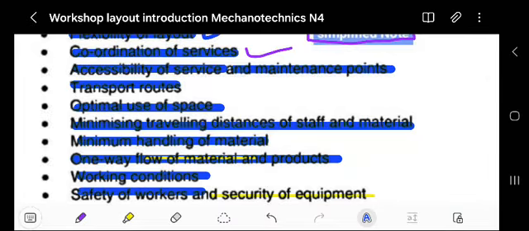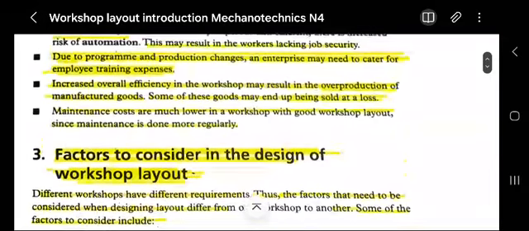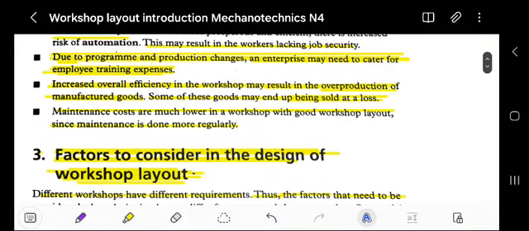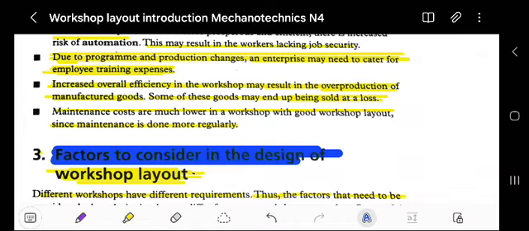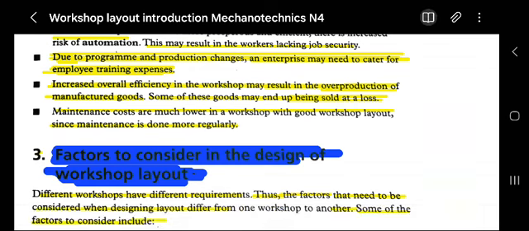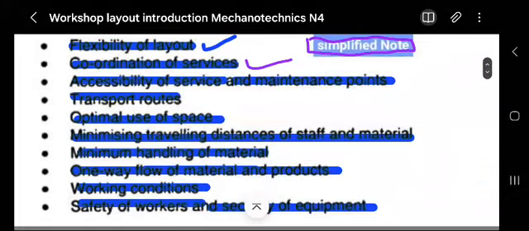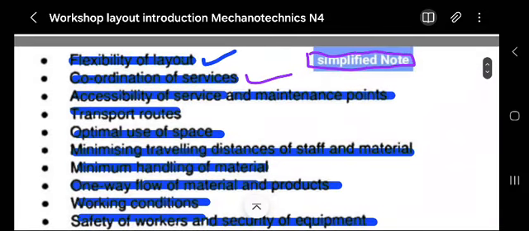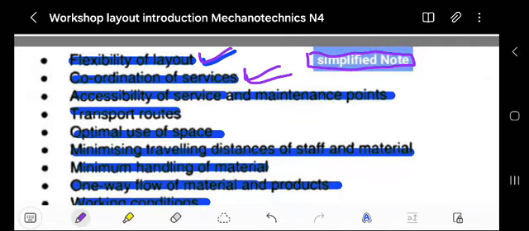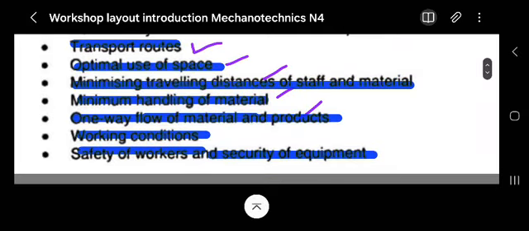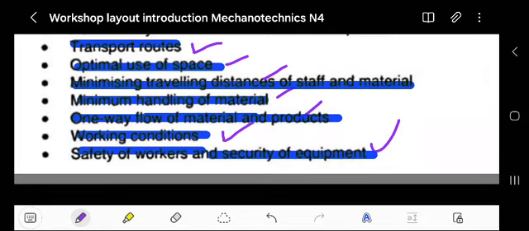They will ask you this, and your question paper will say 10 factors should be considered in the design of the workshop layout. They will require 10, and they have provided the simplified ones. We have 1, 2, 3, 4, 5, 6, 7, 8, 9, 10. If you know these 10, you're good to go.